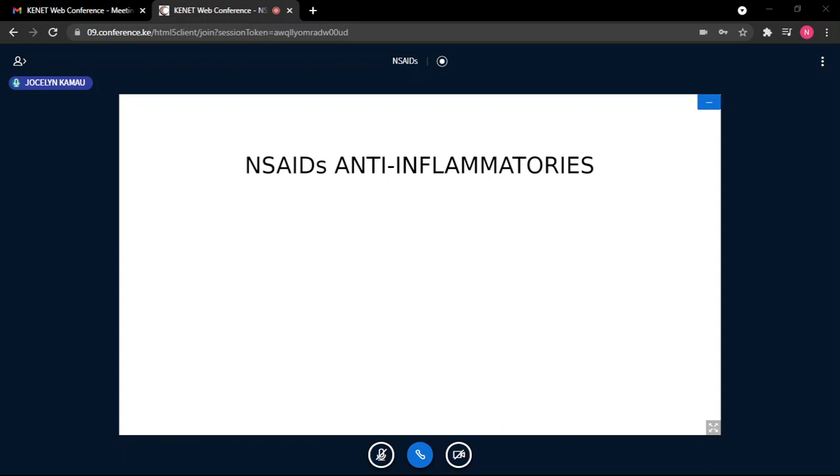And indeed, the mode of action of the non-steroidal anti-inflammatories, whether selective or non-selective, is blocking the enzyme responsible for conversion of arachidonic acid to the prostaglandins. That enzyme is the cyclooxygenase enzyme.